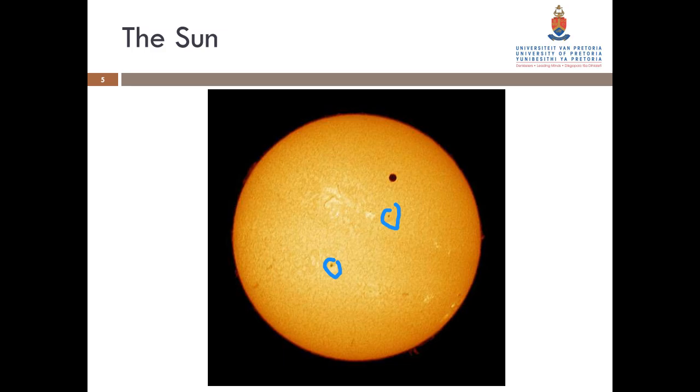But this that we are seeing over here is the planet Mercury that's transiting in front of the sun. Because it orbits so close to the sun, we can actually see it moving in front of the sun, which is very, very cool. So we can see transits of Mercury and Venus in front of the sun. The Mercury transits we can see actually quite regularly.